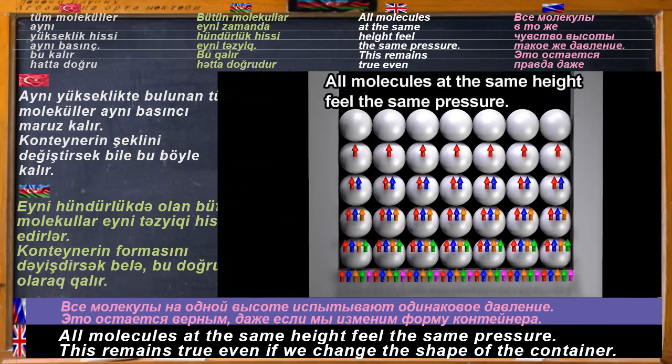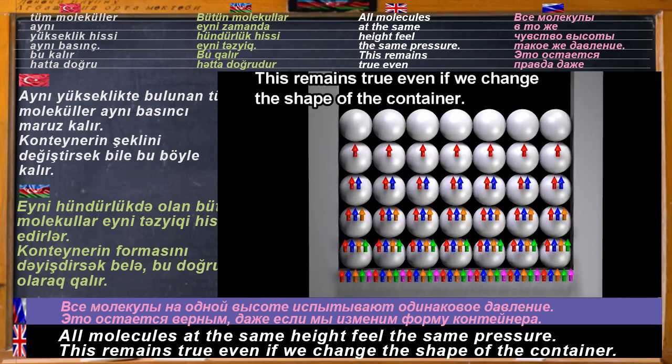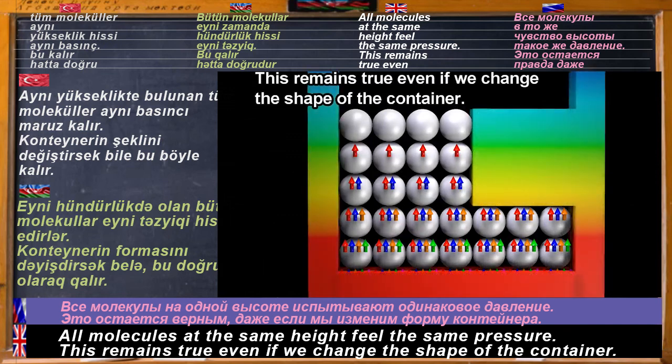All molecules at the same height feel the same pressure. This remains true even if we change the shape of the container.